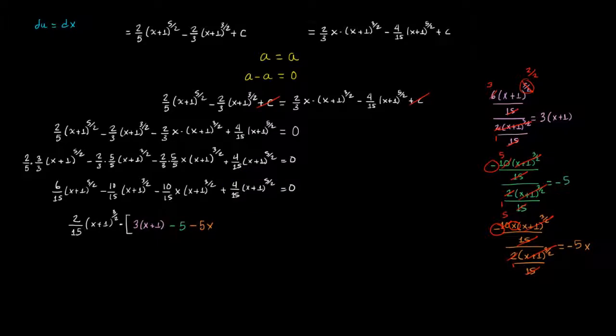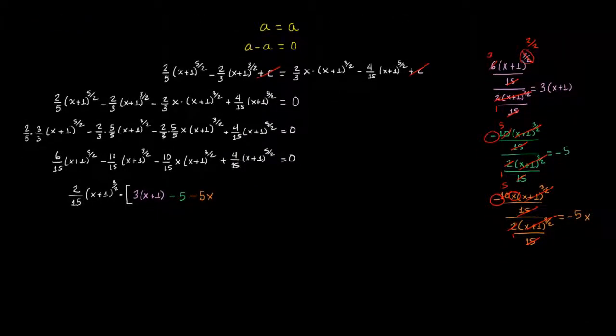Now the last one, the only one remaining, is to do the same for this term. Actually, I'm going to scroll down a bit to make more room. So it's going to be 4 times (x plus 1) raised to the 5 over 2, all over 15. This is all over the common factor, which is this one.